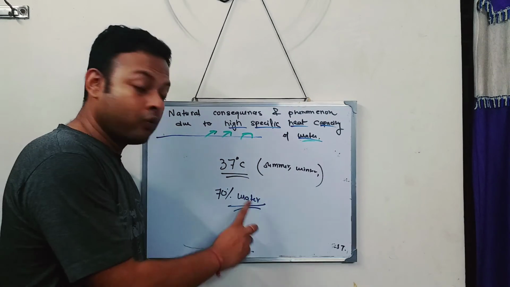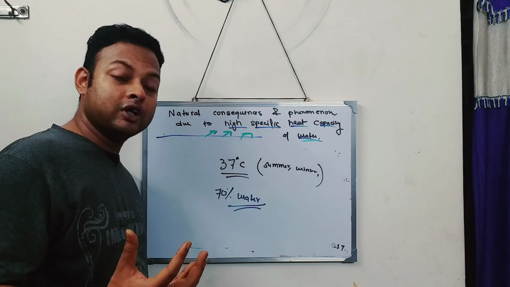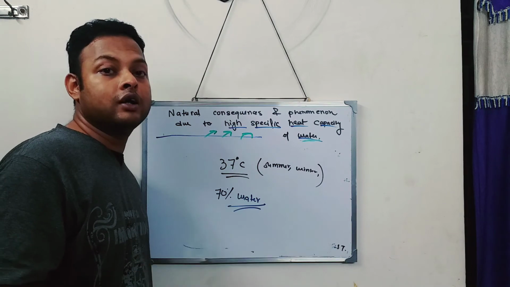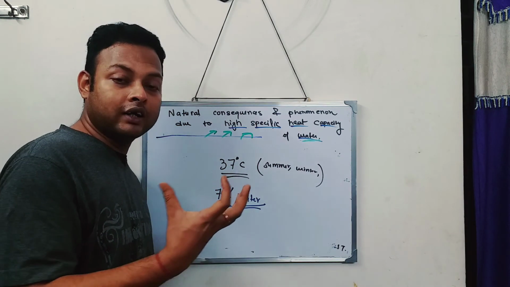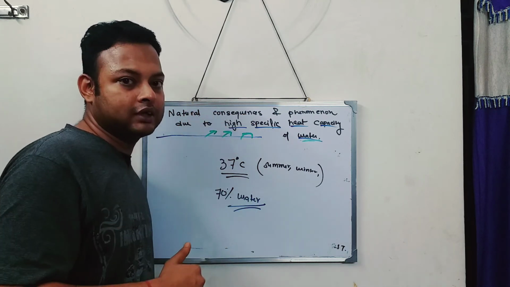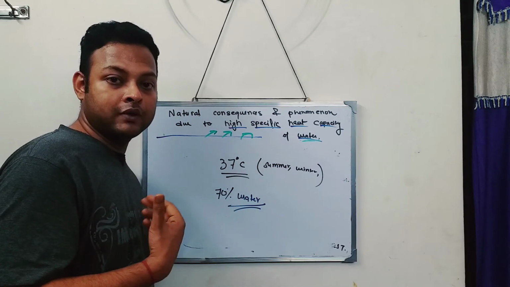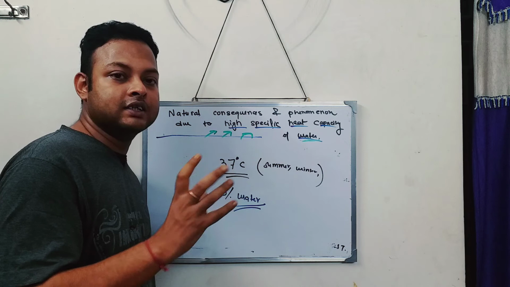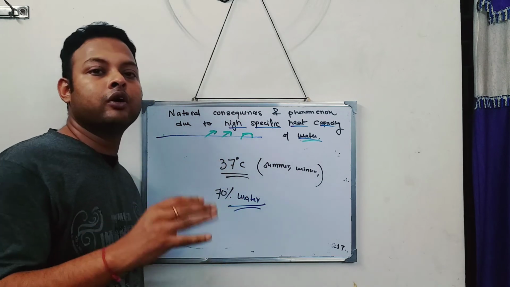And we know water can absorb a lot of heat, 4200 joules per kg per Kelvin. So since water can absorb a lot of heat for only 1 degree rise of temperature, the 70% of water in our body, meaning if anyone's weight is 60 kg, near about 42 kg of the body is water.